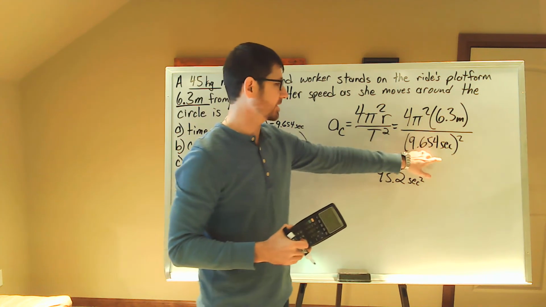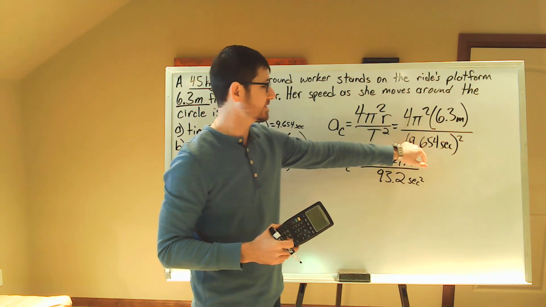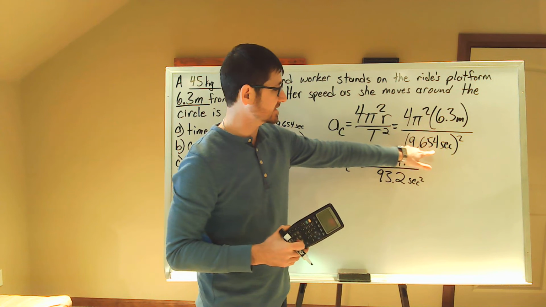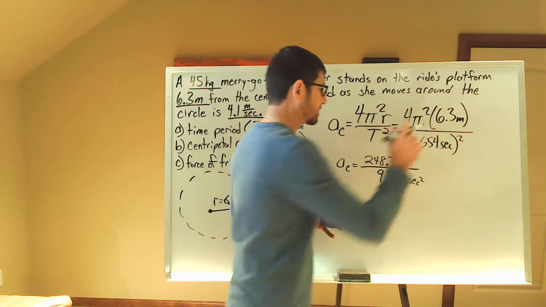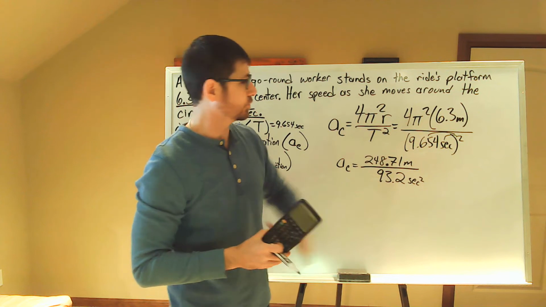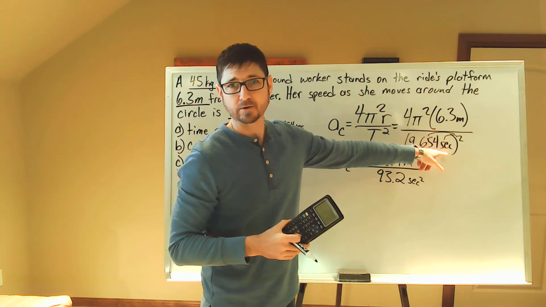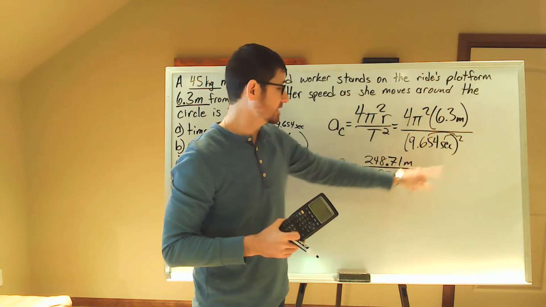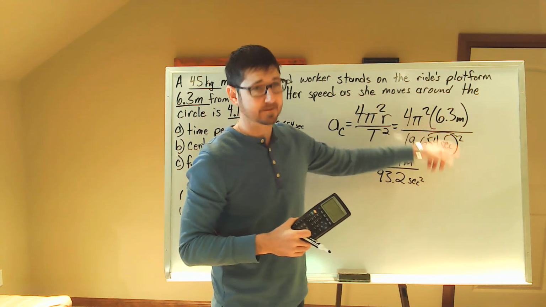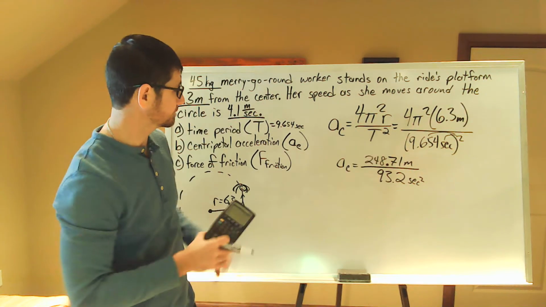So in my denominator, I really want to take a look at the units here because we have a squared value for 9.654 seconds. So remember, not only are we squaring the numerical value, we're also squaring the unit value. And that's why we get units of seconds squared, because seconds times seconds is seconds squared.